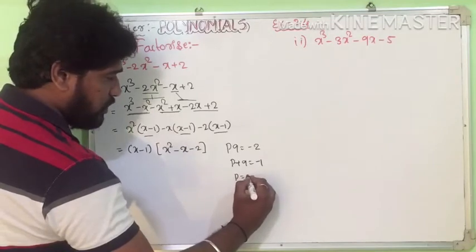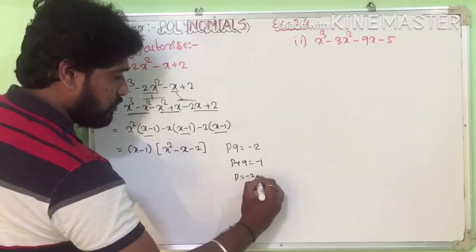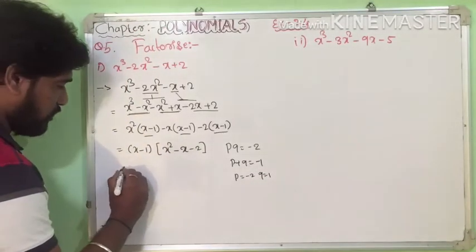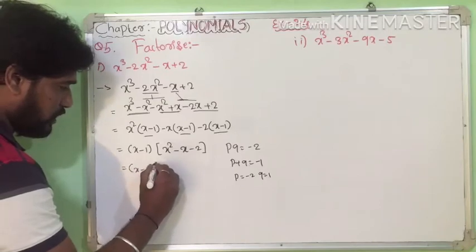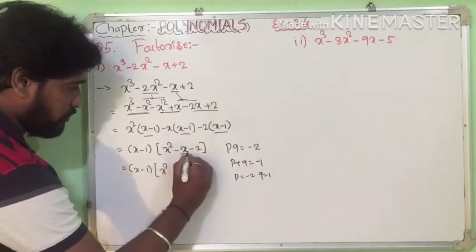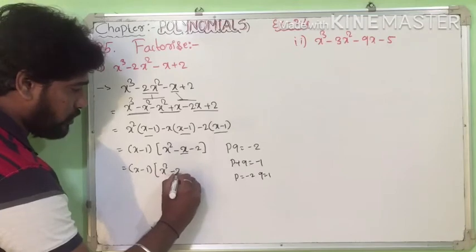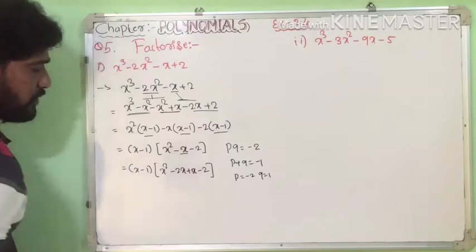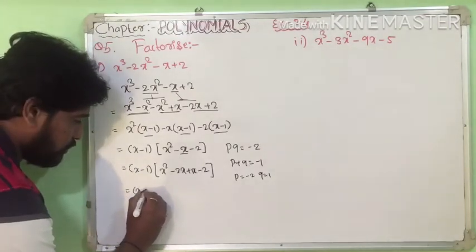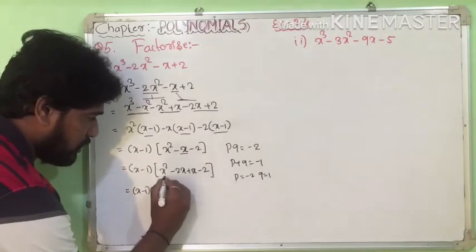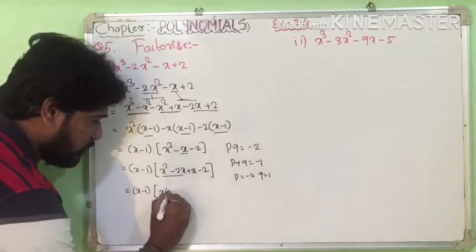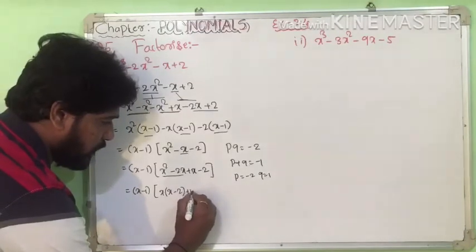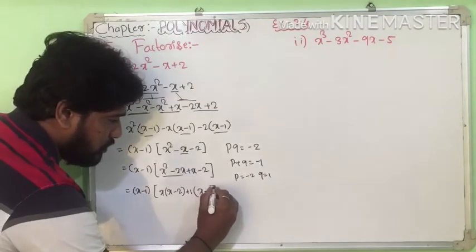So p is equal to minus 2, q is equal to 1. Is it clear? So write down here x minus 1 in a bracket, x square. This one we split as minus 2x plus 1x minus 2, right? So here x minus 1 as it is, and in these two take common x, so remaining x minus 2, and in these two take common plus 1, remaining x minus 2.